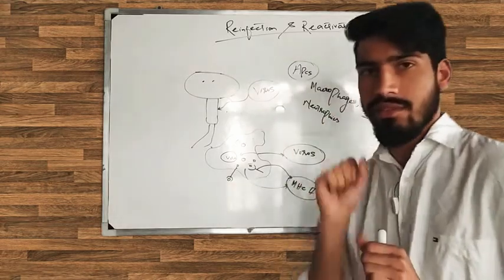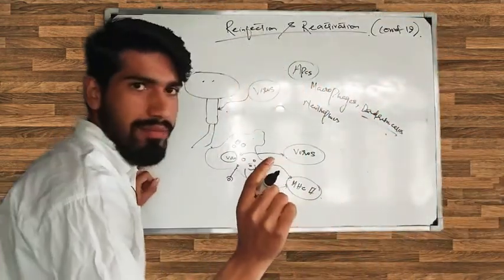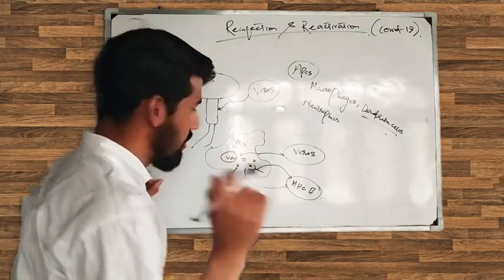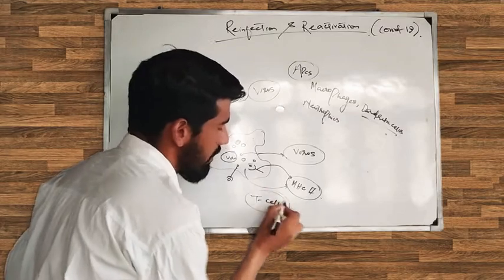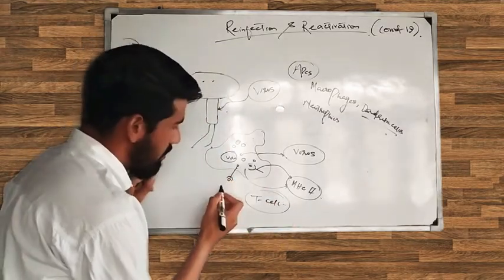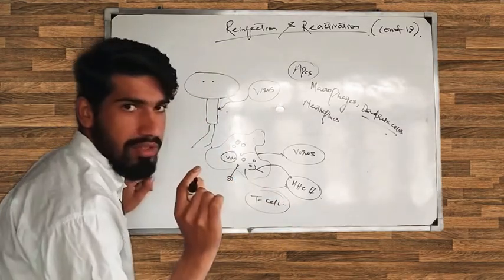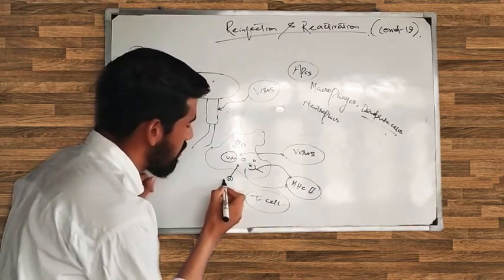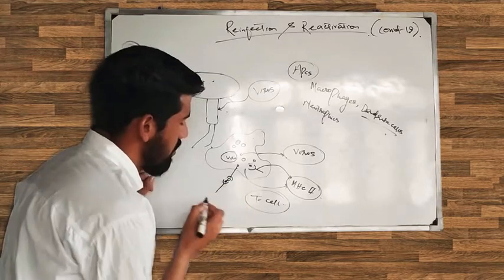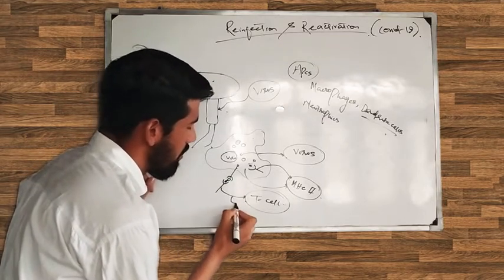Now there is another cell, called the T cell. The T cell, the naive T cell or T0 cell, comes and binds to this.